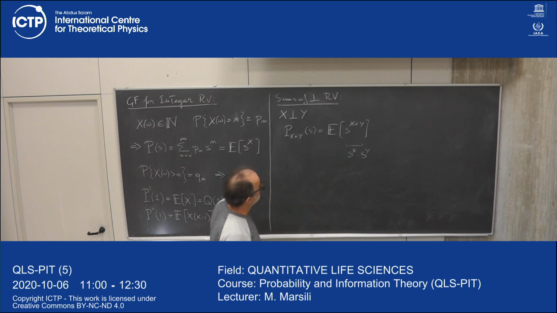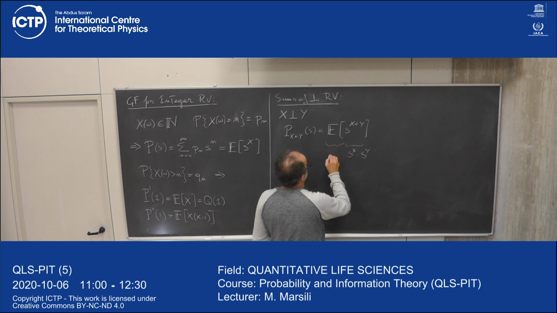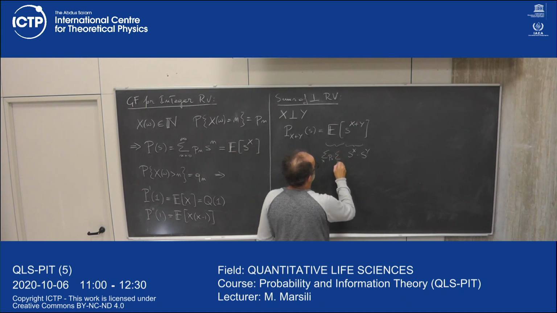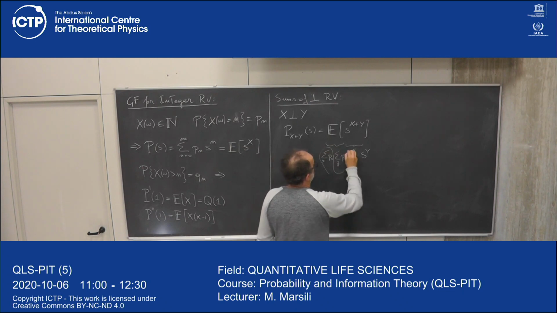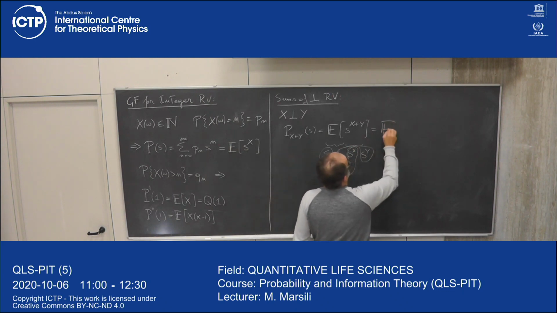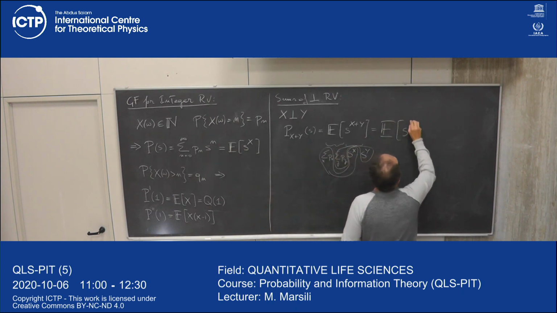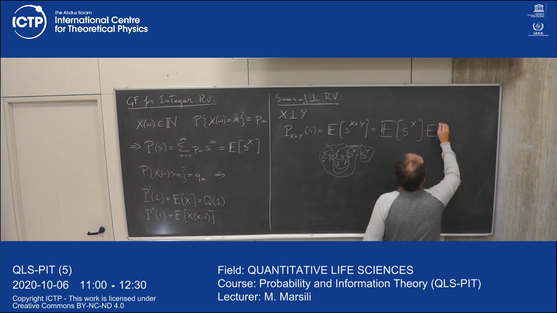And the two random variables are independent, so this sum here is really a sum over x of p of x times the sum over y of p of y. So essentially you can factor this object into the expected value of s to the x times the expected value of s to the y.